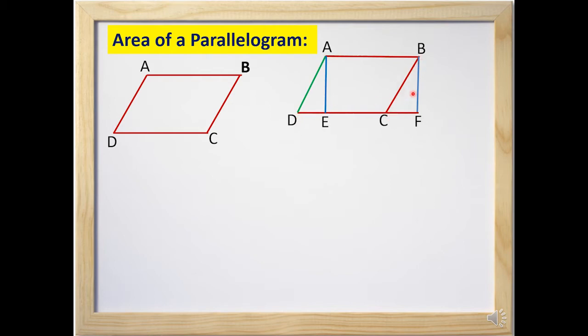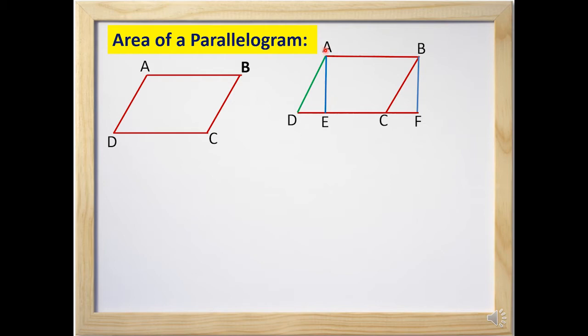That means the hypotenuse of this right angle triangle AED is equal to the hypotenuse of the right angle triangle BFC, since AD and BC are the opposite sides of the parallelogram, and we know in a parallelogram the opposite sides are parallel and equal.